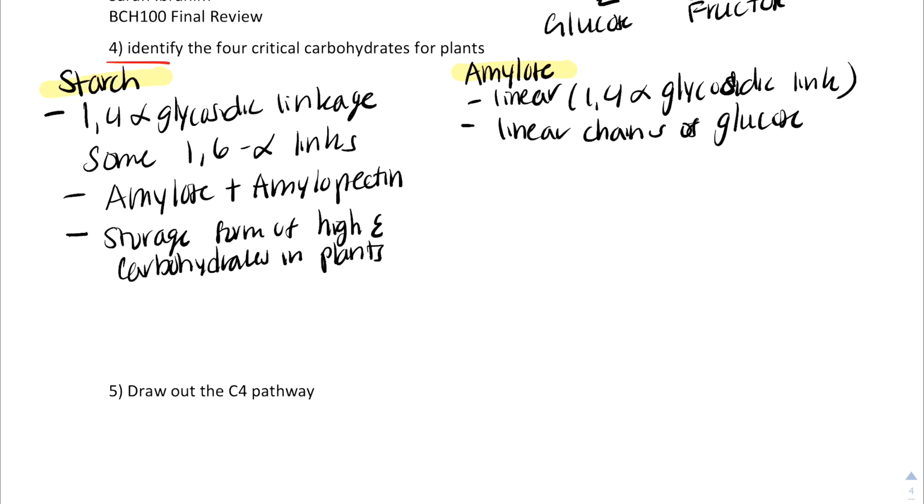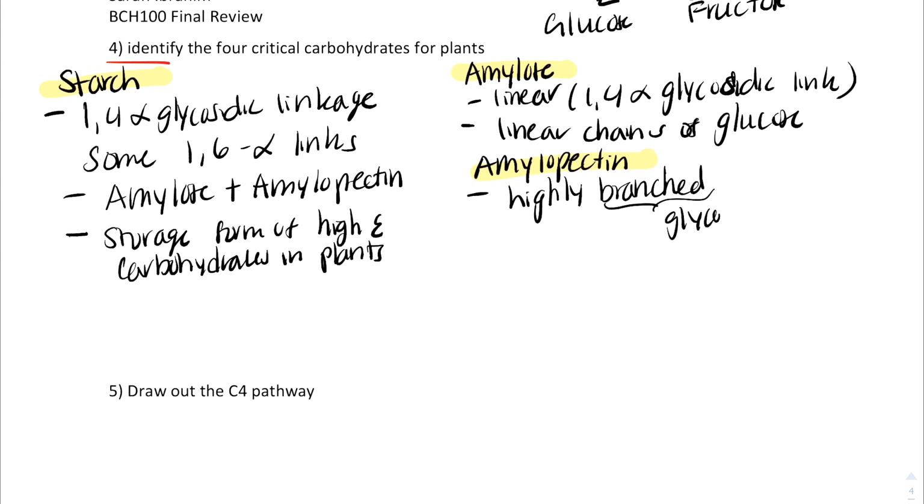Okay, and then you have amylopectin. Amylopectin, unlike amylose, is highly branched. Okay, remember from your glycogen pathway, it's highly branched. And it contains 1,4-alpha plus 1,6-alpha links, which is also how it's different from amylose.